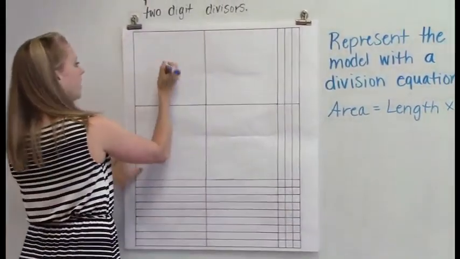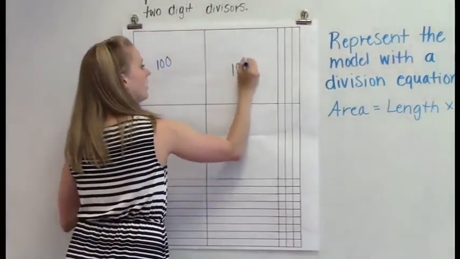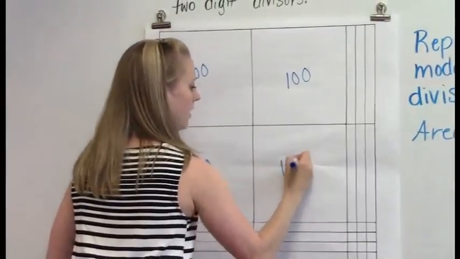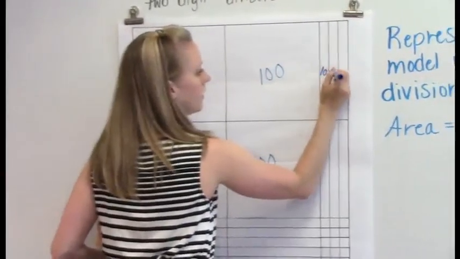Like I said a minute ago, each of these represents 100, so we have 100, and another 100, and another 100, and another 100. We have a whole bunch of tens.